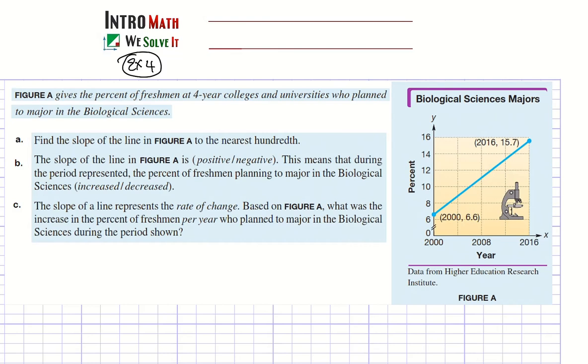And then it says the slope of a line represents the rate of change. Based on figure A, what was the increase in the percentage of freshmen per year who plan to major in biological sciences during the period? Again, I told you that linear equations are very, very important in applications.